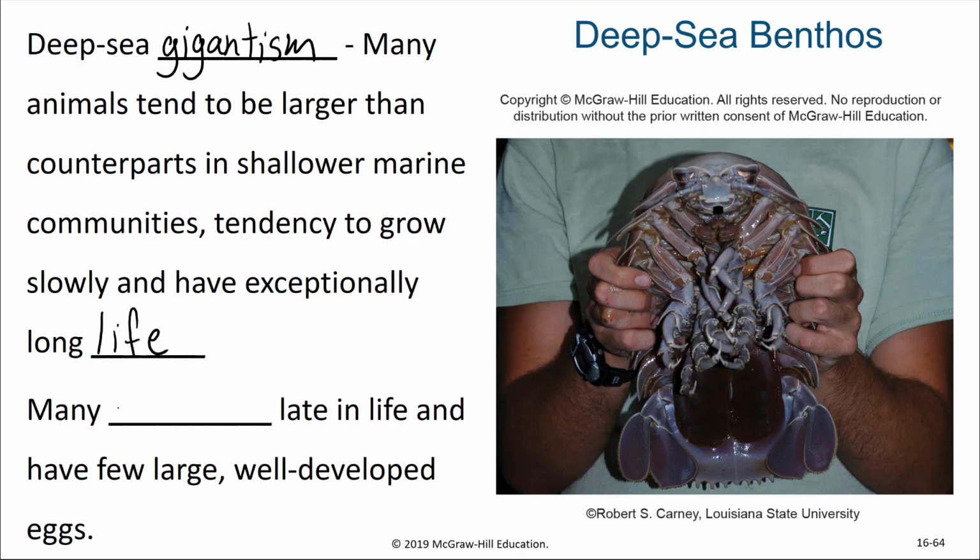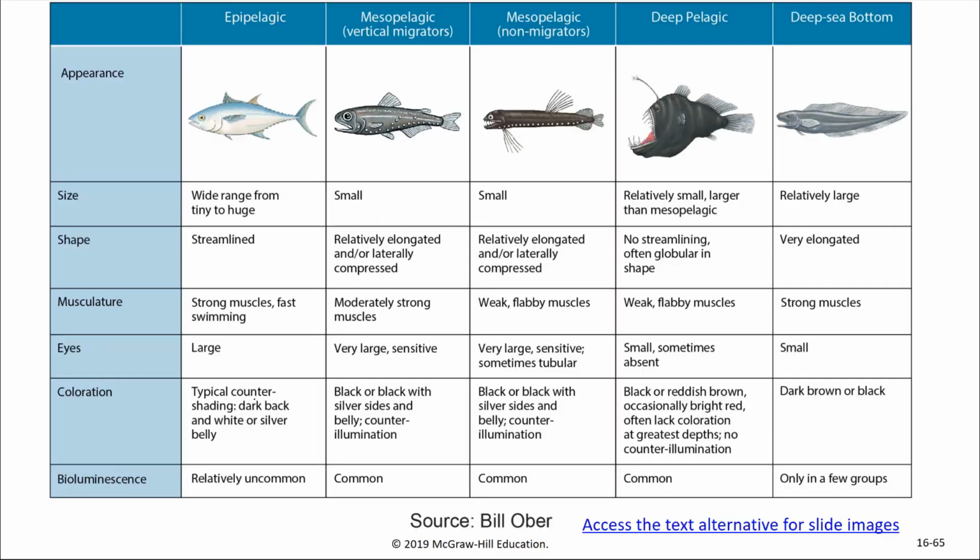Of these marine organisms, many reproduce late in life and have few large but well-developed eggs. In fact, for some of these deep-sea organisms, they will not reproduce until they've found enough food to generate the reproductive cells. And so for some organisms, sexual maturity does not onset until they've had their first large meal.